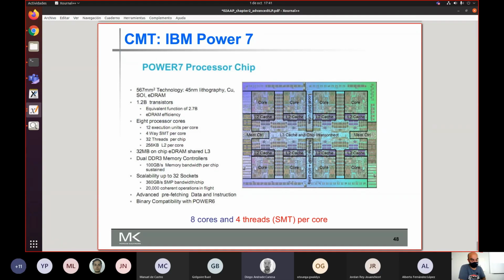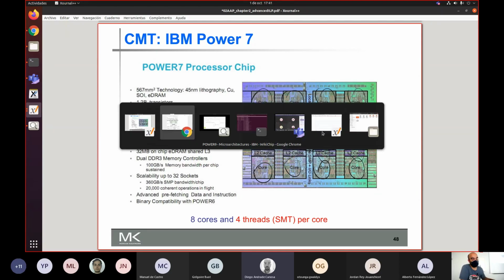Normally the level 1 cache, which is not represented here, and the level 2 caches are private to each core, and then the level 3 is the point of interconnection between the cores because it is shared among all the threads. And if you go to the links that I gave you, you can see the Power 9, one of the most recent versions of the Power architecture.